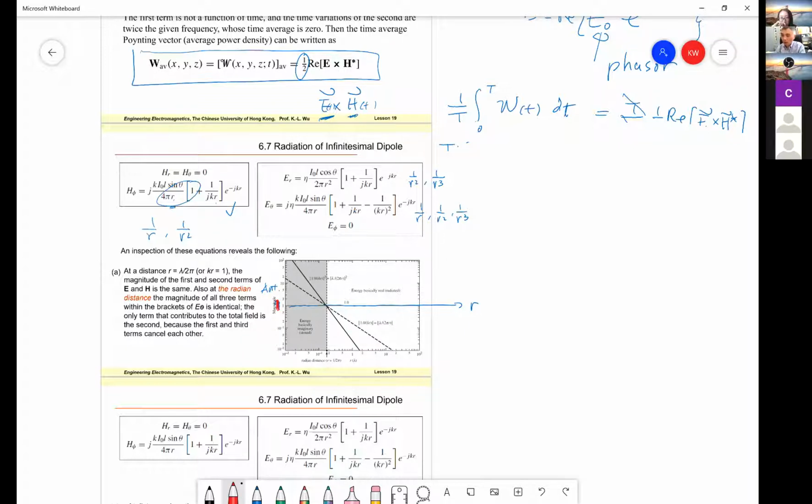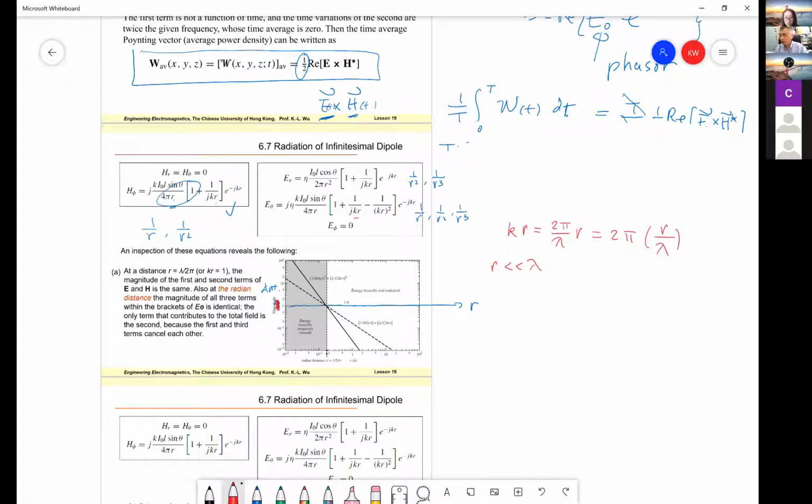Then once R is much smaller than the wavelength, you see, because this is all k multiplied by R, where k is 2 pi divided by the wavelength, I always measure the distance R in terms of wavelength.